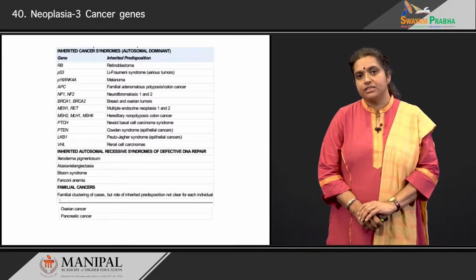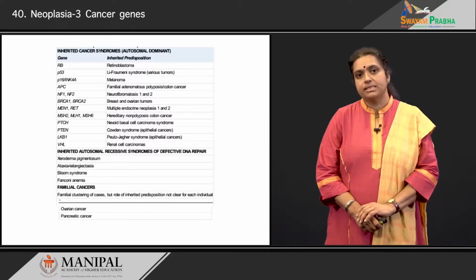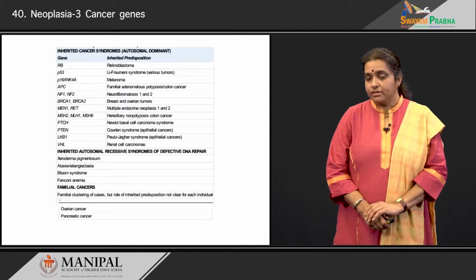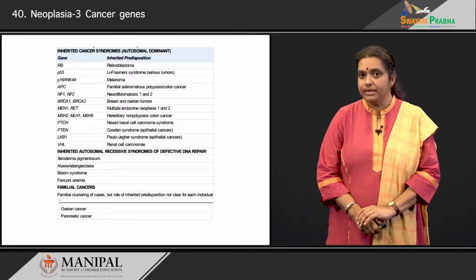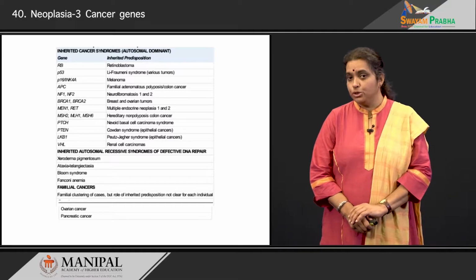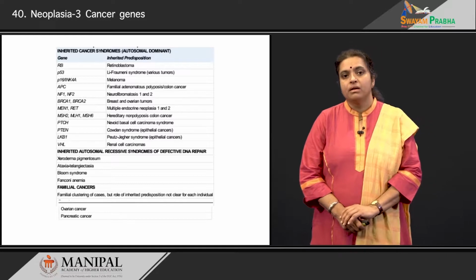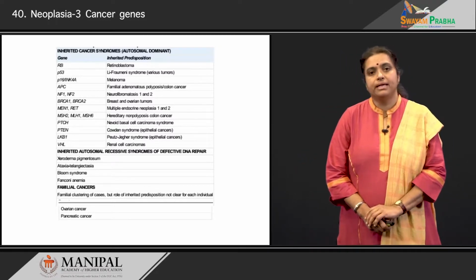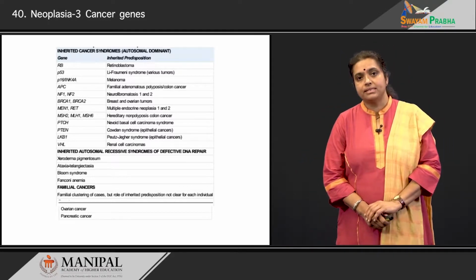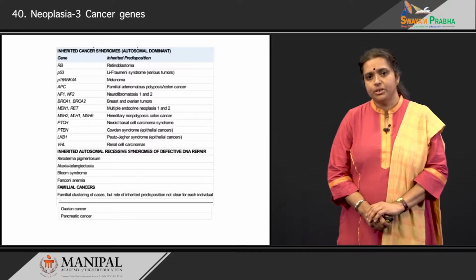Otherwise, the genetic alteration occurs sporadically during the lifetime of an individual, and it causes cancer, and those genes are not transmitted to the offspring. Now, there are certain inherited cancer syndromes wherein these so-called cancer genes are transmitted in the germ line.